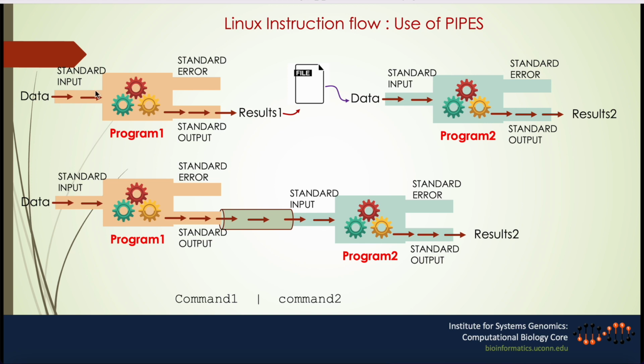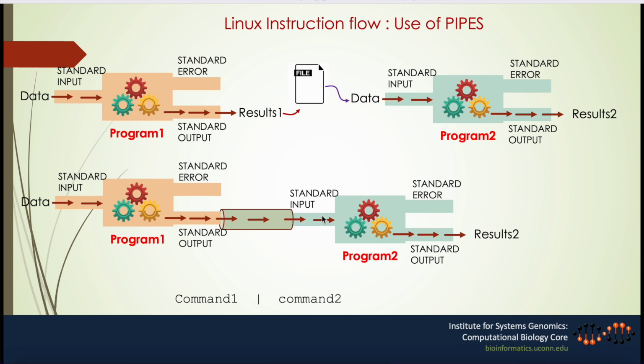If you look at the first step, the output is one file, and that file is used as an input in the second command. Pipes allow you to remove this intermediate step. With the help of the pipes which I've drawn here, you connect the standard output of one program to the standard input of the second one, so the direct output gets fed into the standard input of the second command.